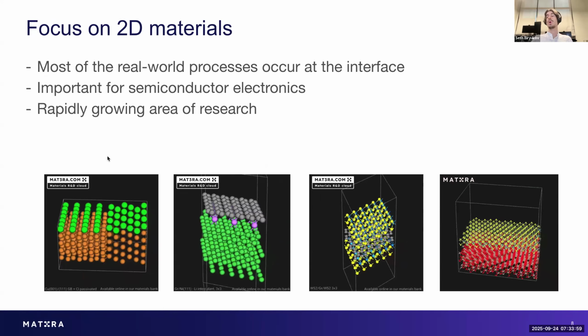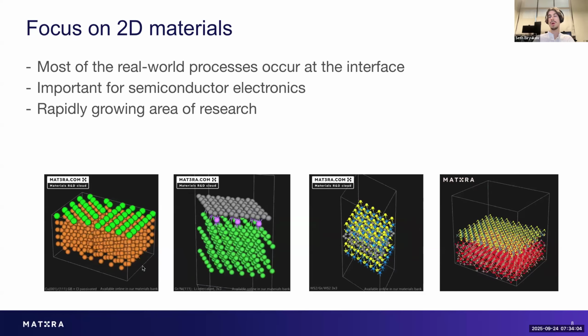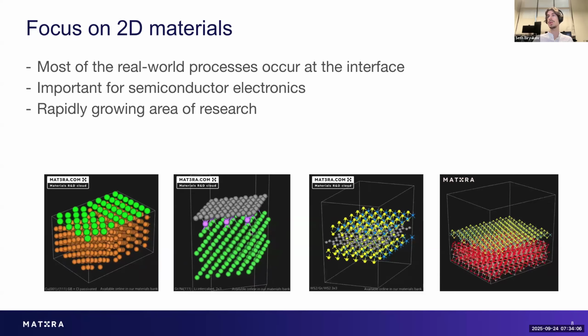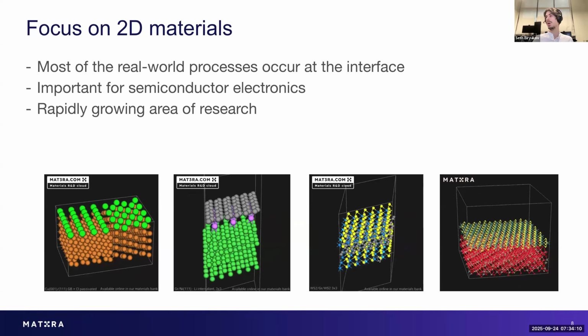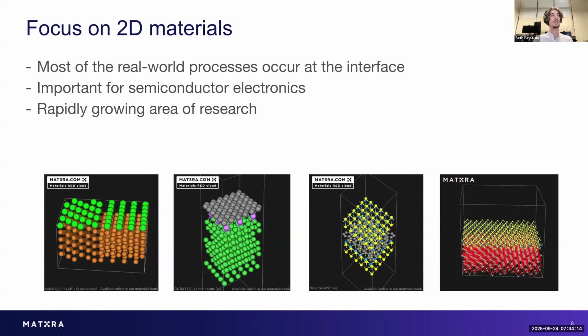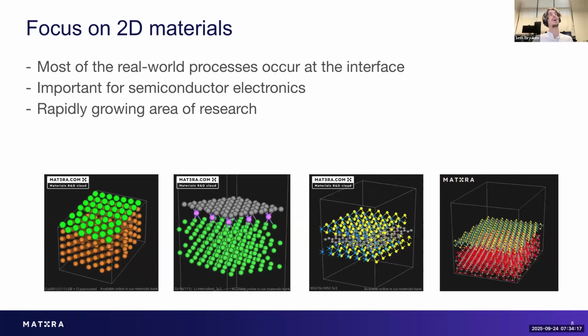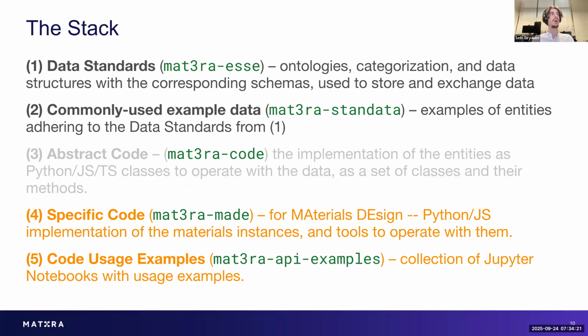Here are some examples of the structures that were generated using our package. So we have grain boundaries, passivated grain boundaries, interfaces with intercalation, sandwiches, and other forms of interfaces. Our implementation has 5 components.